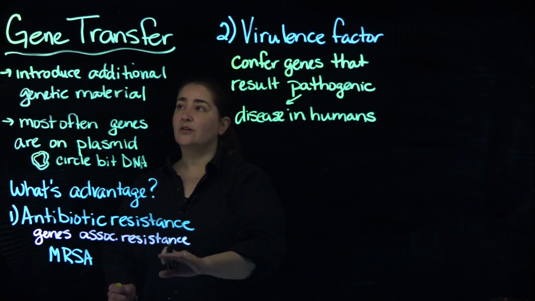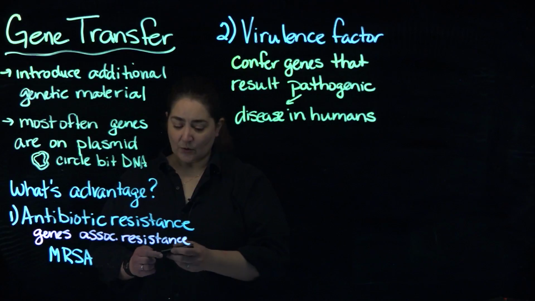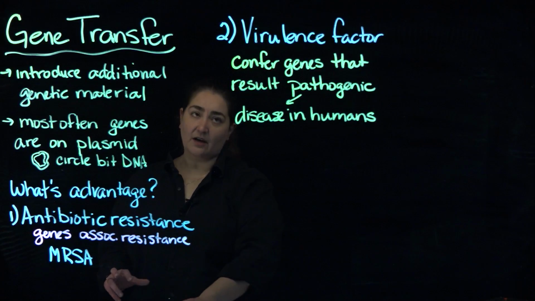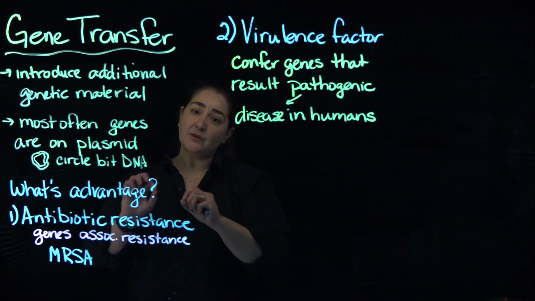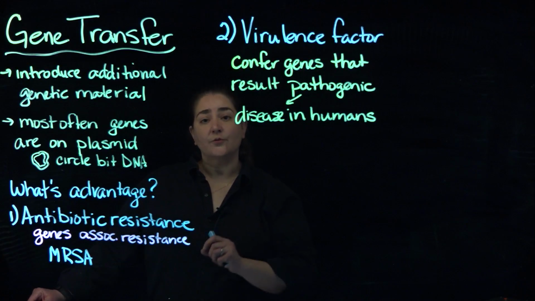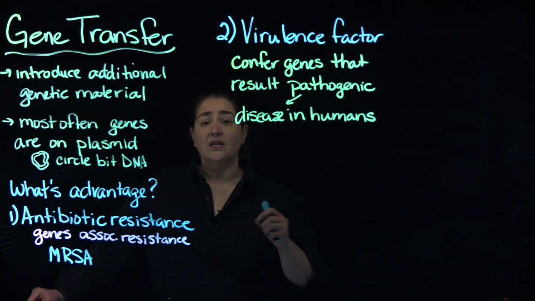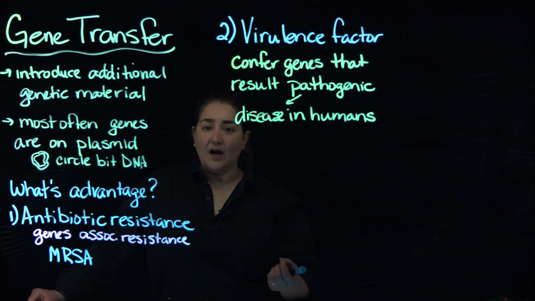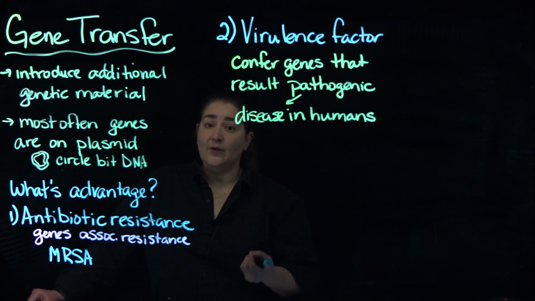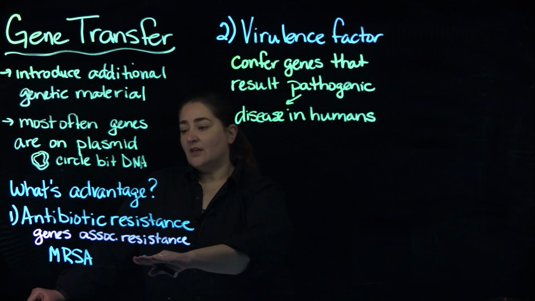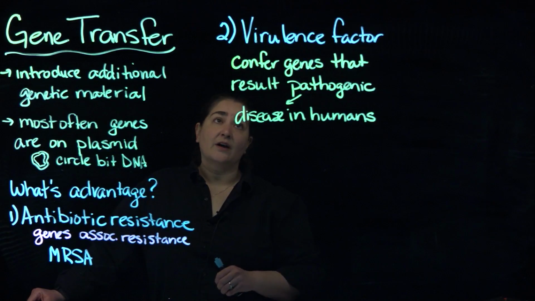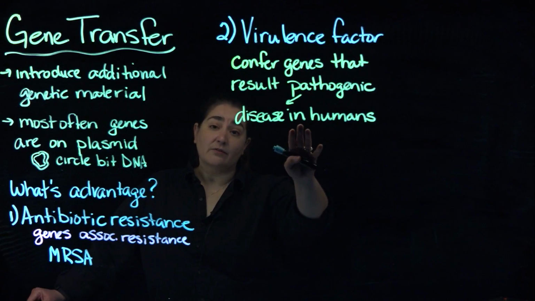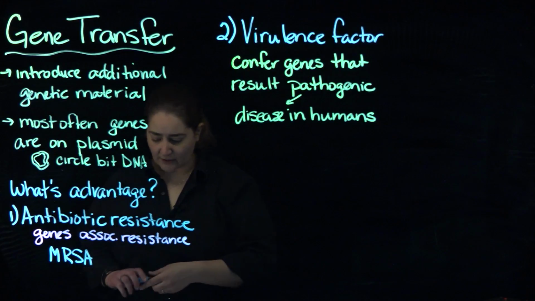So with gene transfer, what all of these are going to have in common is that that bit of DNA that is transferred from one bacteria to the other confers some kind of positive characteristic for the bacteria, whether it be able to grow in the presence of antibiotics, whether it be virulence factors, which make it able to infect people, all right?